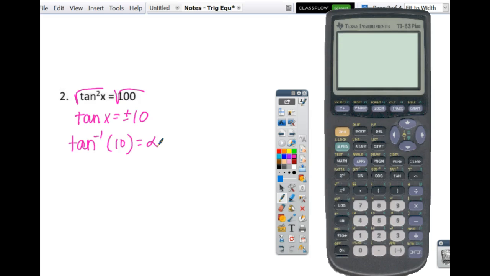But this time, how many answers are you getting? You're getting 4. Why am I getting 4? Because I get a plus or minus, right? So I'm going to get whatever the reference angle is. I'm going to get 180 minus the reference angle. Because I want the plus and the minus.